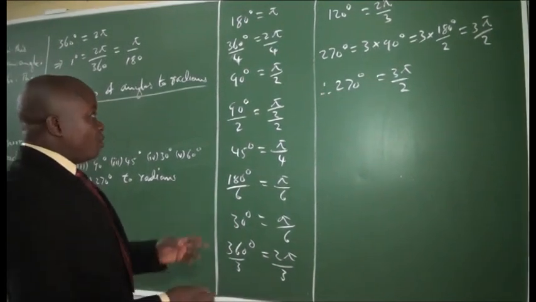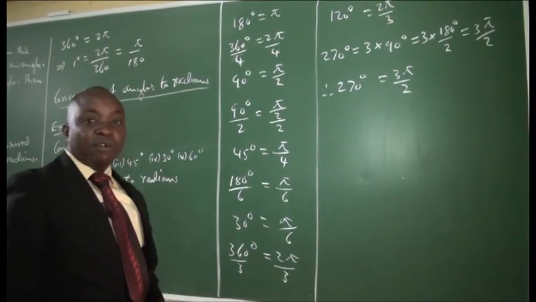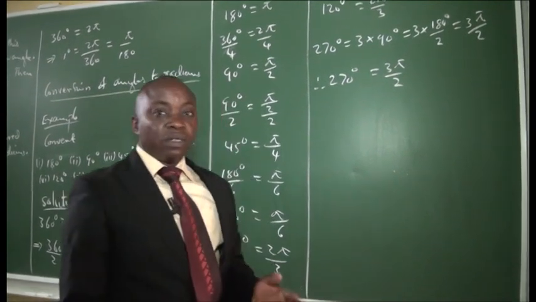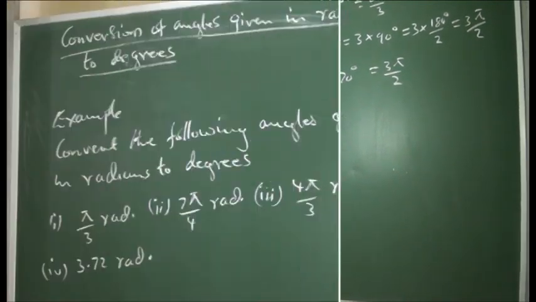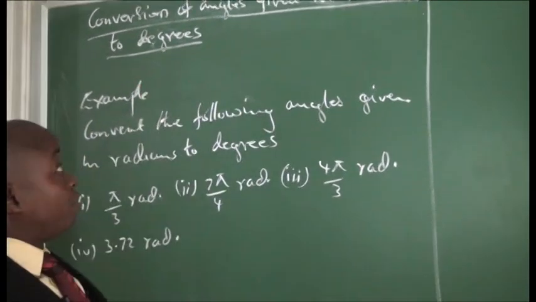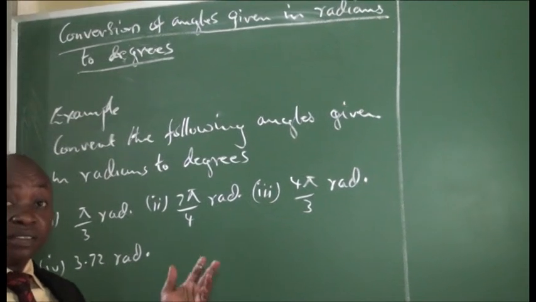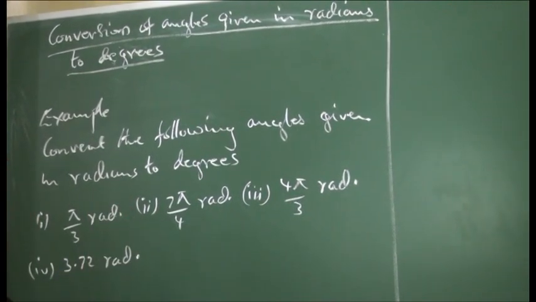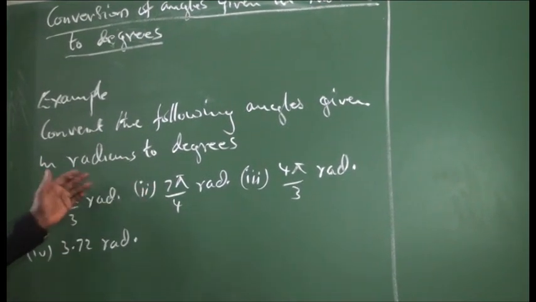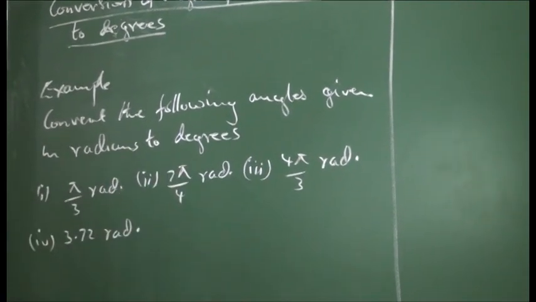So we'll also look at how we can convert from radians to degrees. Next we are looking at conversion of angles given in radians to degrees. Example, convert the following angles given in radians to degrees.